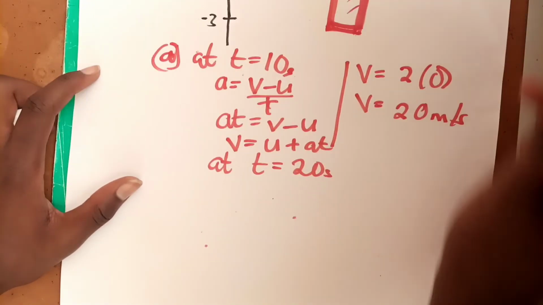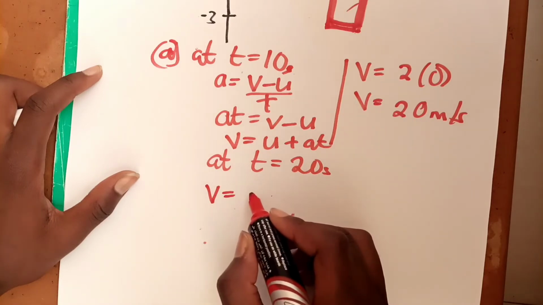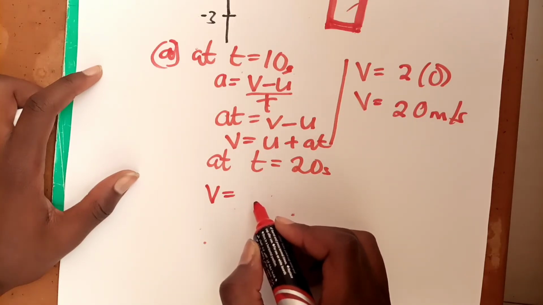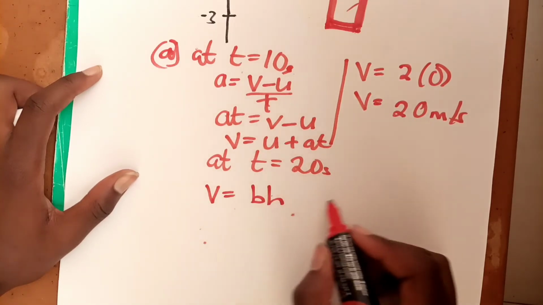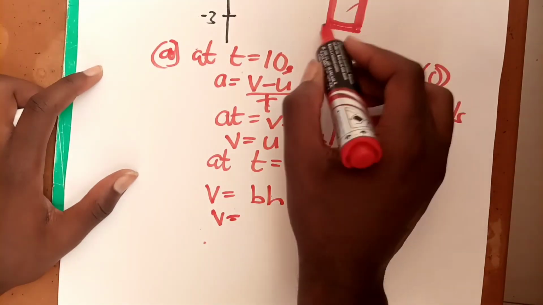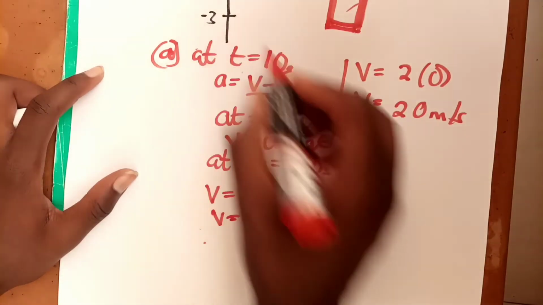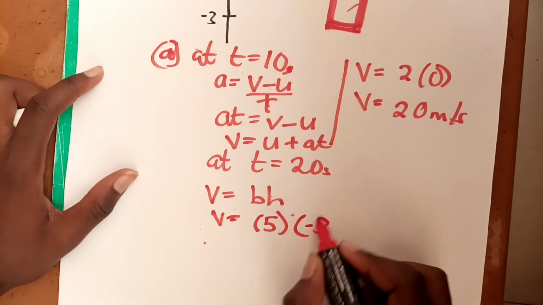So now we're going to say velocity is equal to base times height. The base is from 15 to 20, that's 5. Then the height is -3.